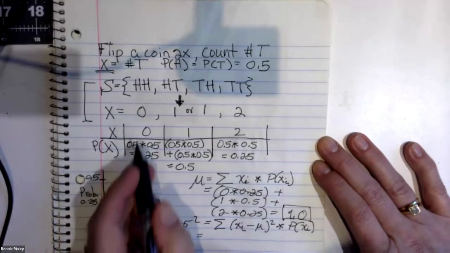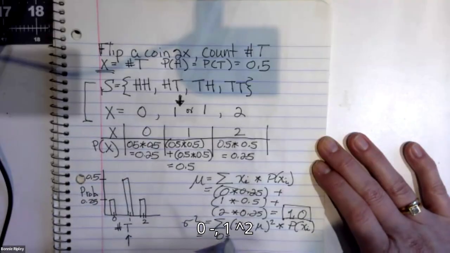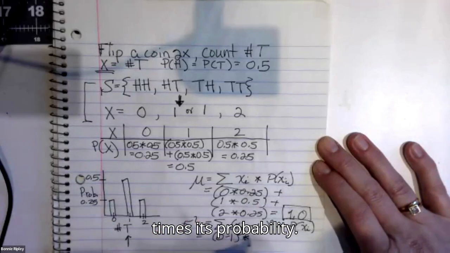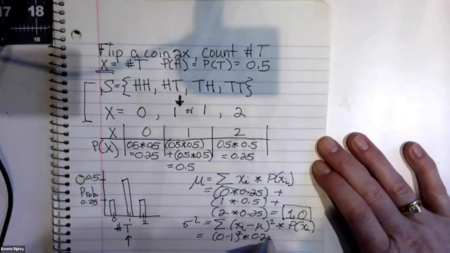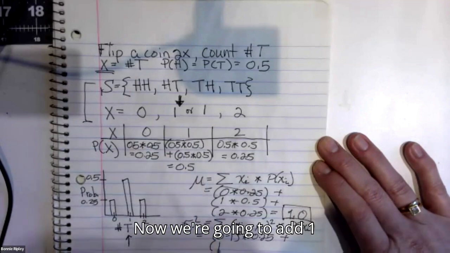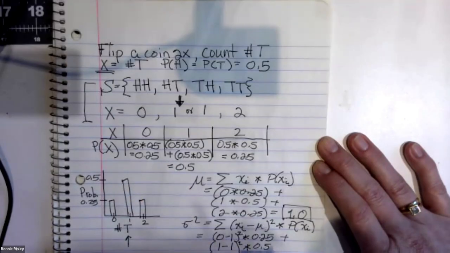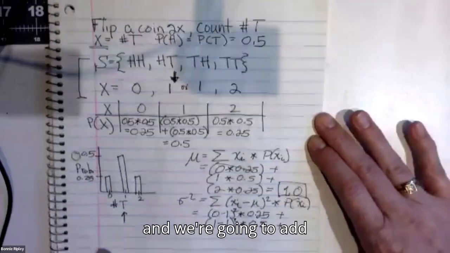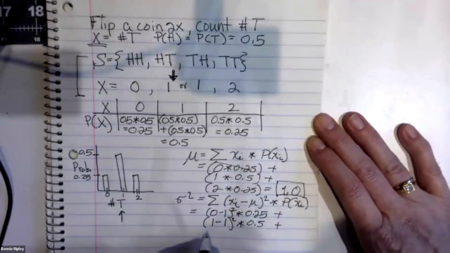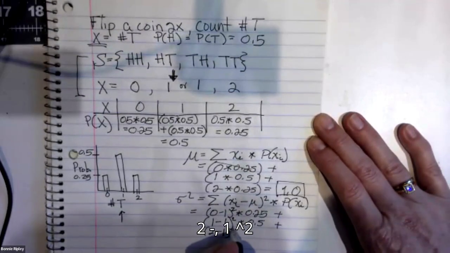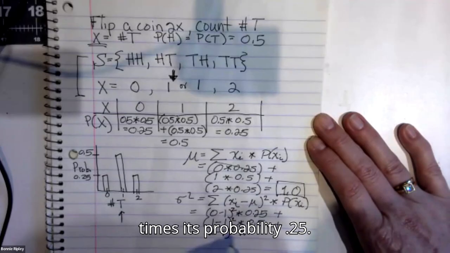So we're going to have 0 minus 1 squared times its probability. And we're going to add 1 minus 1 squared times its probability, 0.5. And we're going to add 2 minus 1 squared times its probability 0.25.